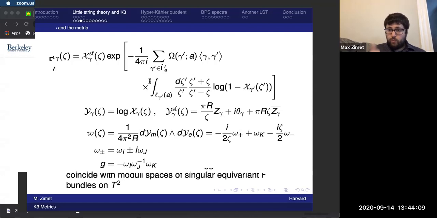So given the counts of those BPS states in the 4-dimensional theory, or the counts of those instantons that affect the metric in the 3-dimensional theory, then one knows the discontinuities of these functions.